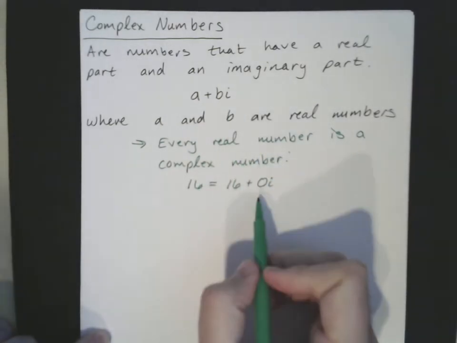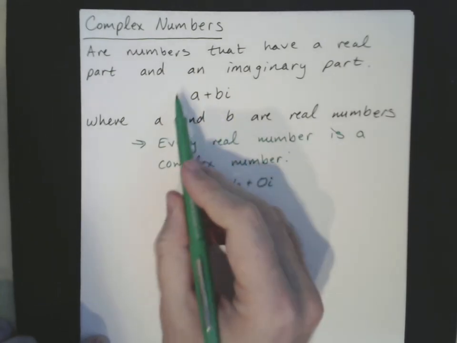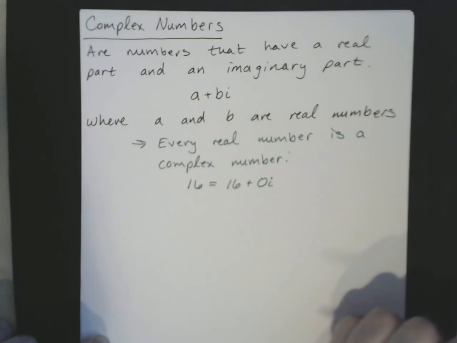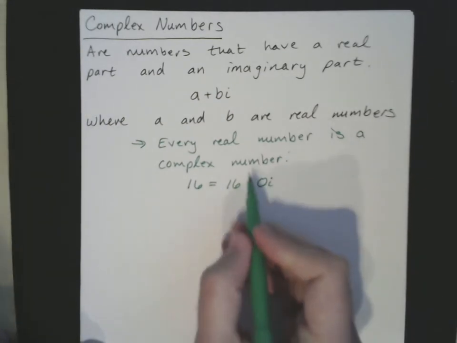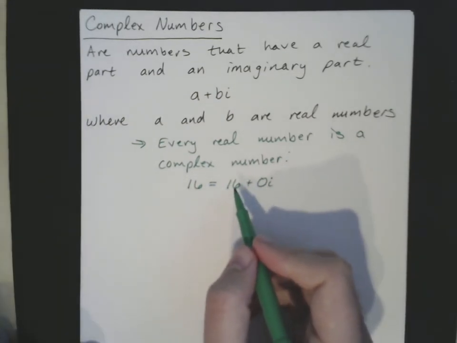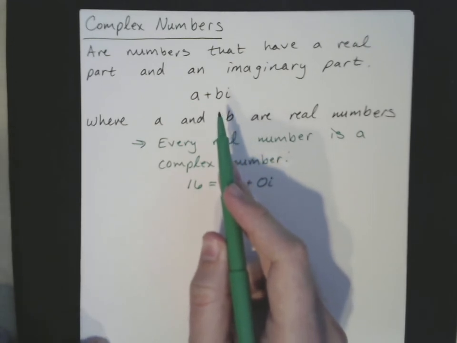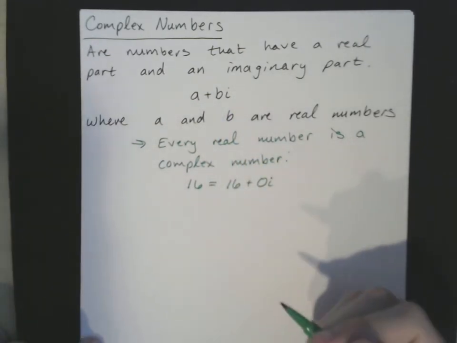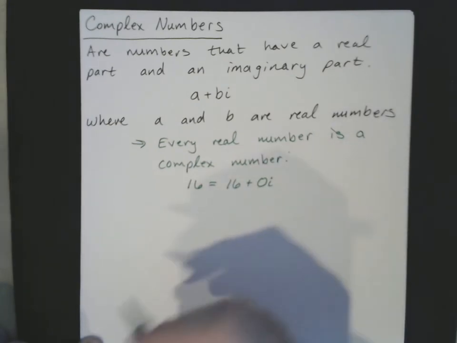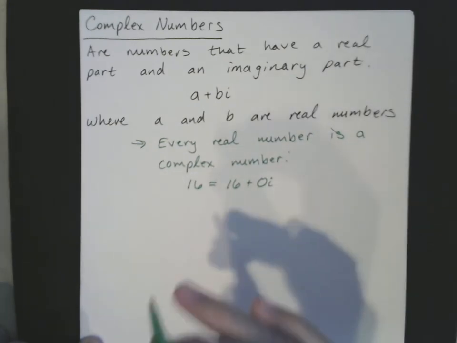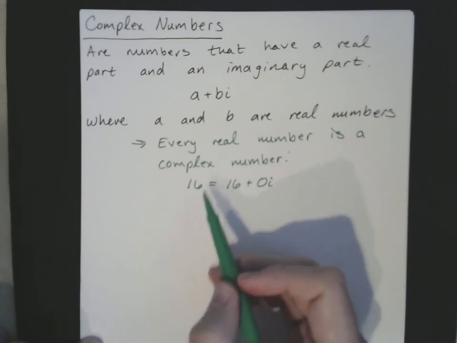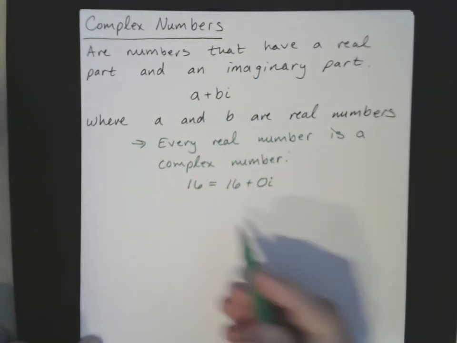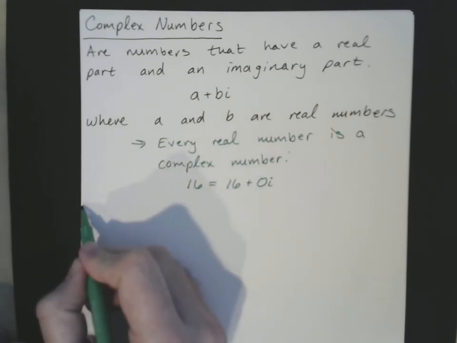So I make b 0 in this format, and I have a complex number. 0 is a real number, so I can do that. So all of the real numbers are housed in the set of complex numbers. Complex numbers are the biggest set of numbers there are. We've talked about real numbers a lot. We know that there's whole numbers. We know that there's fractions. All of those are smaller than complex because everything can be thought of as a complex number when you take that b to equal 0.